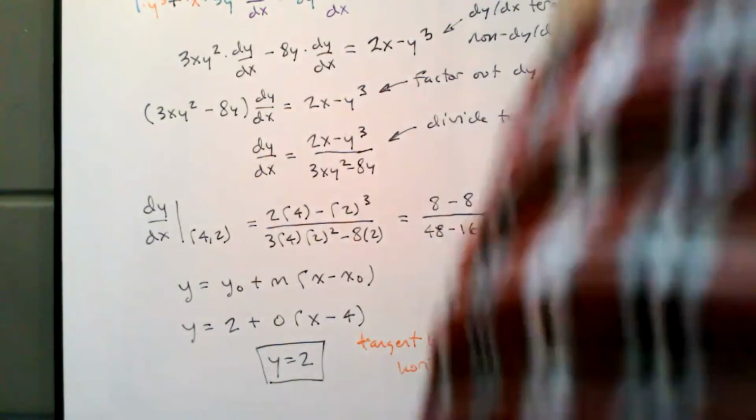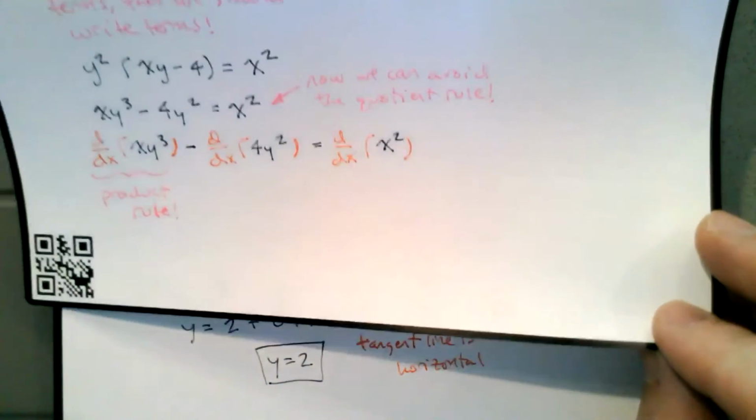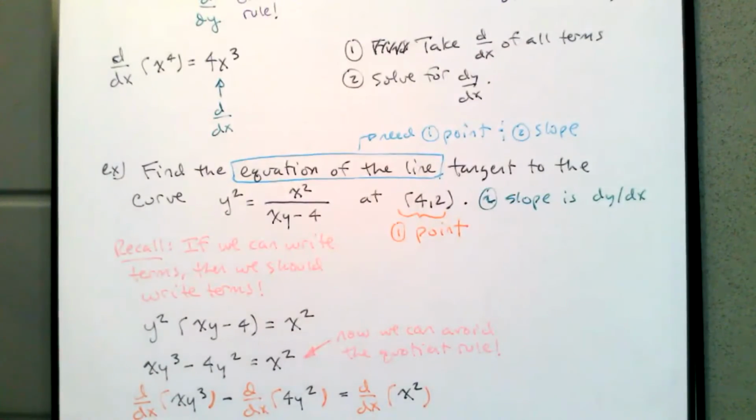So our original curve was y squared is equal to x squared over xy minus 4.